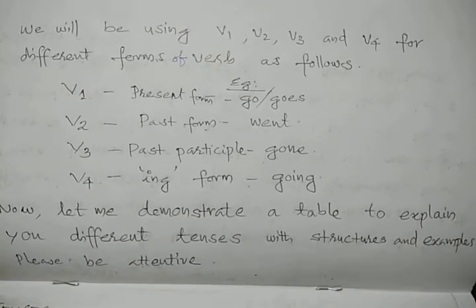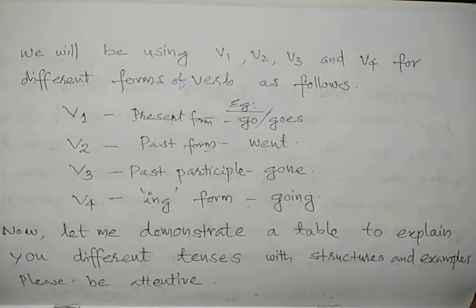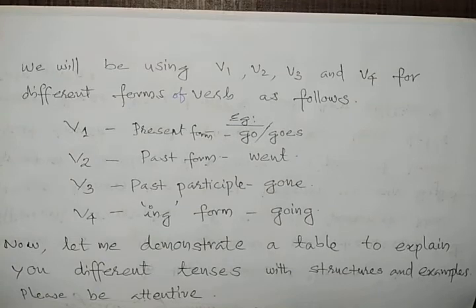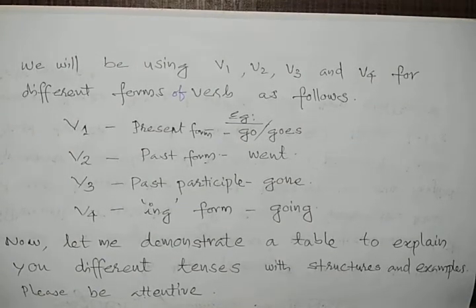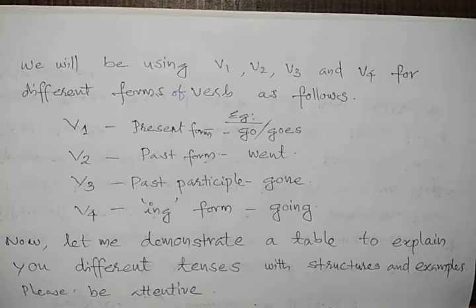Now, we will be using V1, V2, V3 and V4 for different forms of verb as follows. V1 for present form. Example, let us take the verb go. In V1 form, we can use it as go or goes.